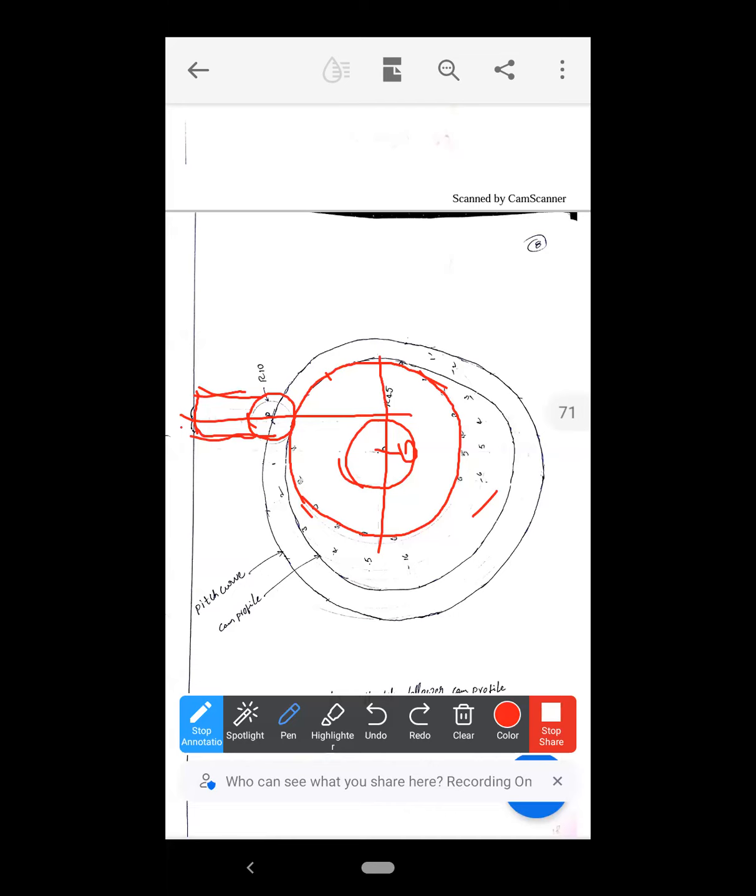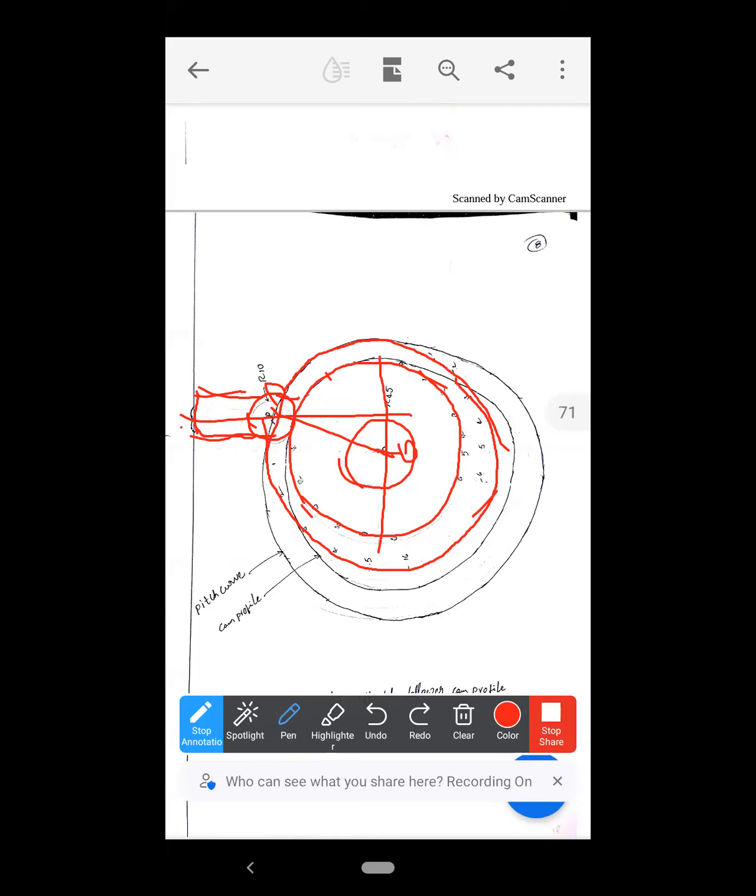The roller also has a center, which is considered as P. Just join both the points. Now take the compass and draw another circle with the radius of OP. That circle is called the prime circle.